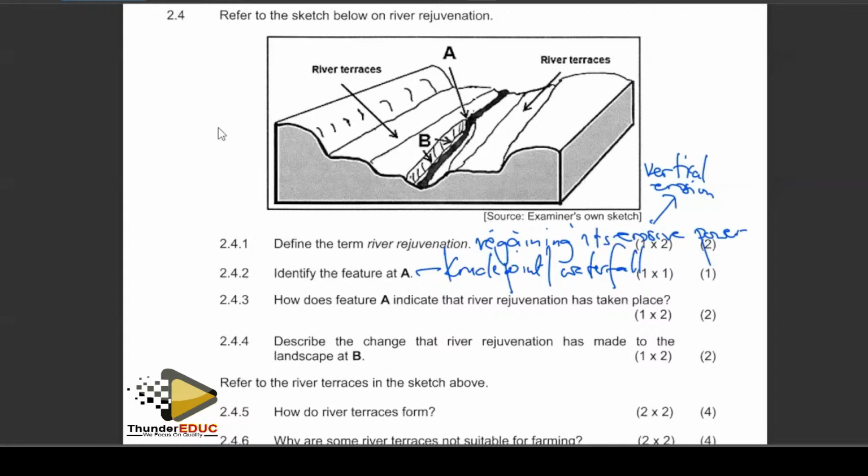Right. This is the old grade of the river. The river was flowing at this level. But now check from this point, the river is now flowing at a new level.